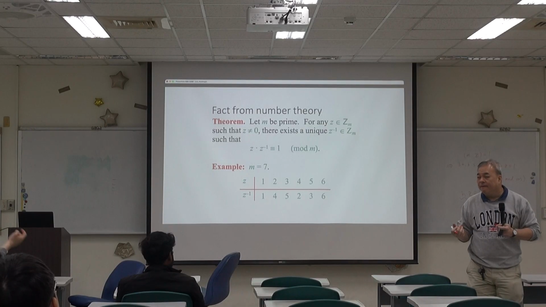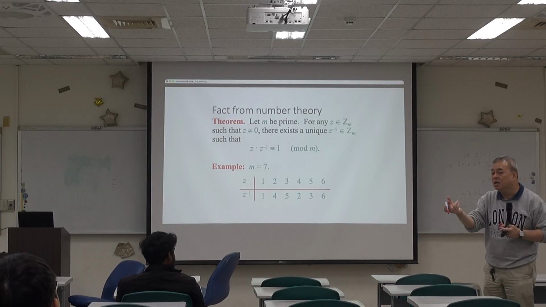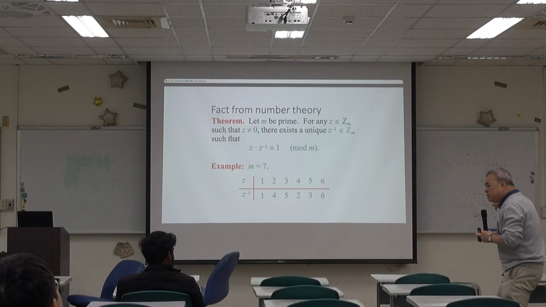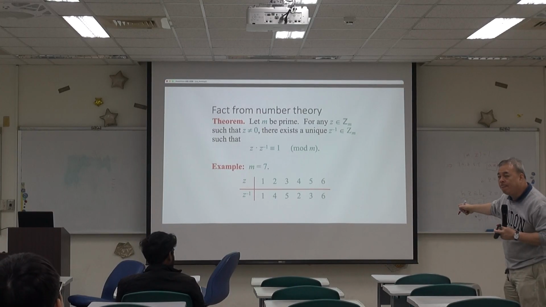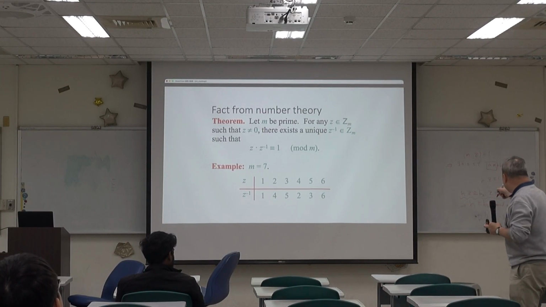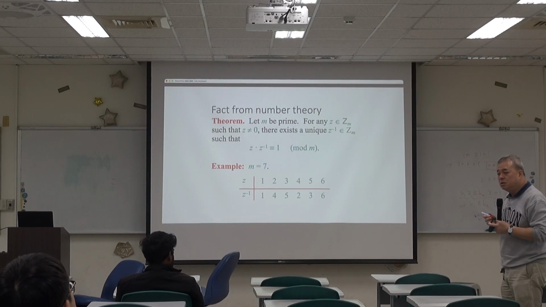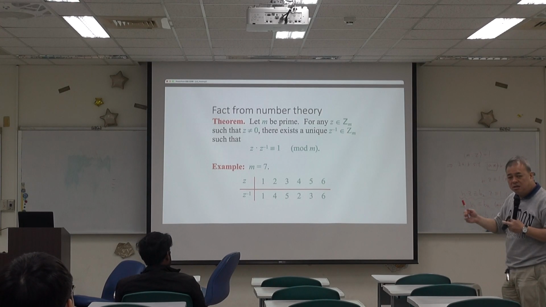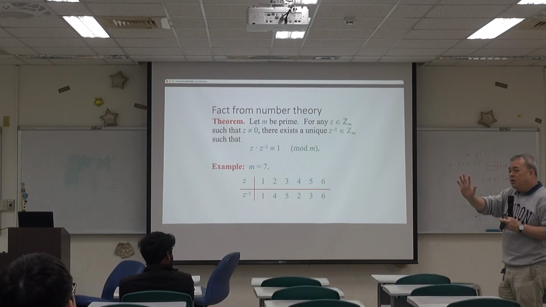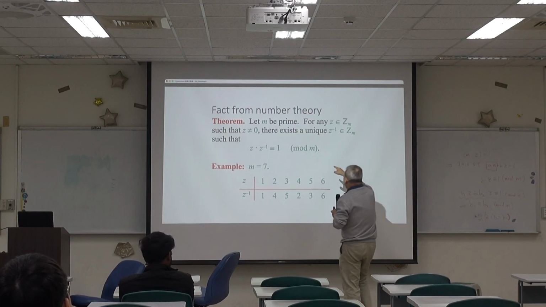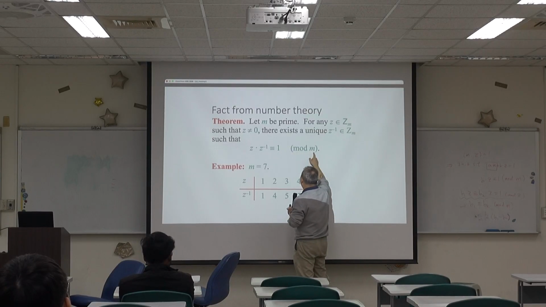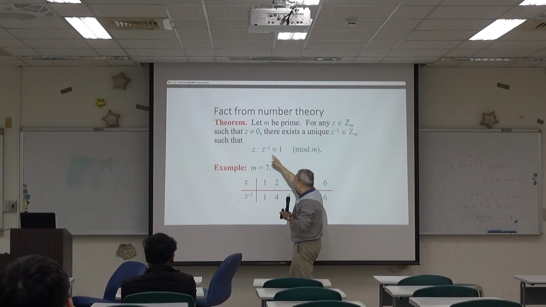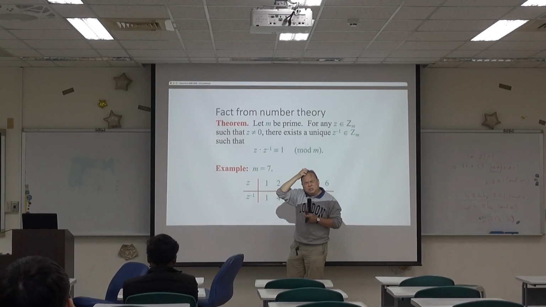Their difference must be divisible by n. Any problem with that? And since n and z are relatively prime, n can only divide b1 minus b2, so b1 and b2 are congruent mod n. I'll just give you the intuition. Because n is prime, any number must be relatively prime to n, so the inverse not only exists but is also unique.